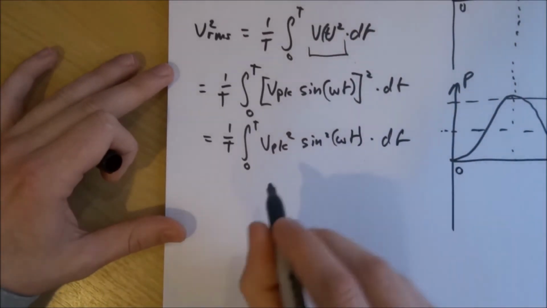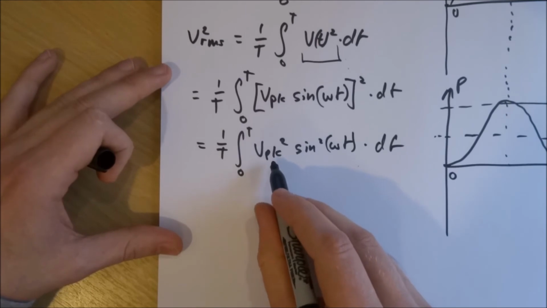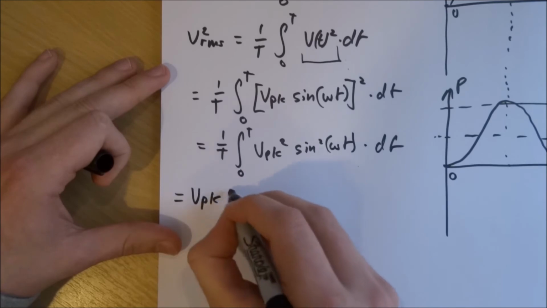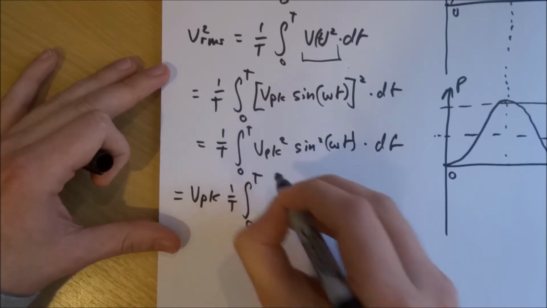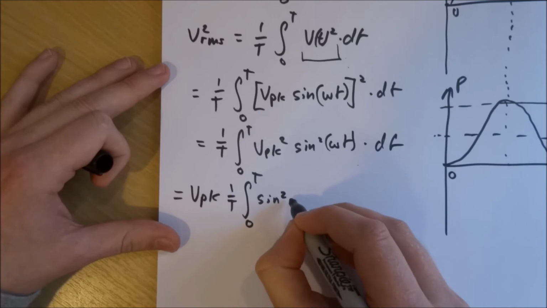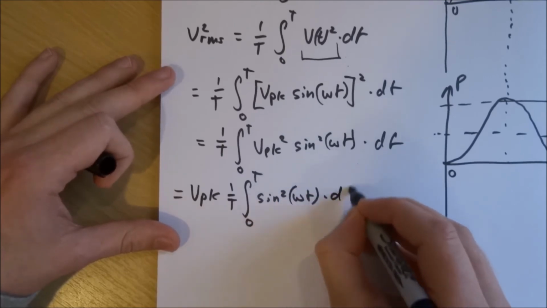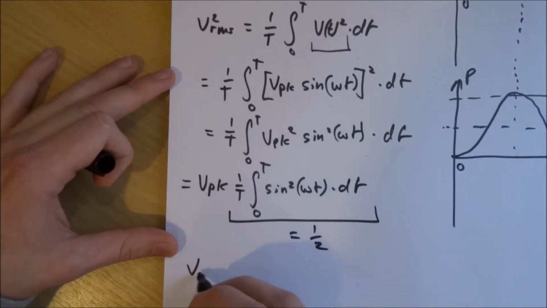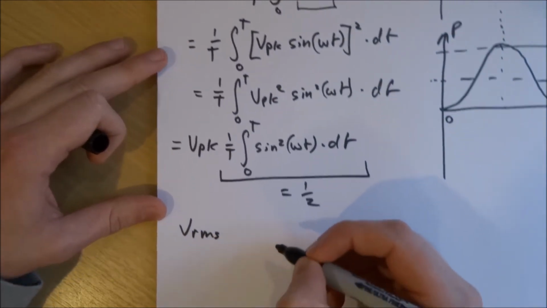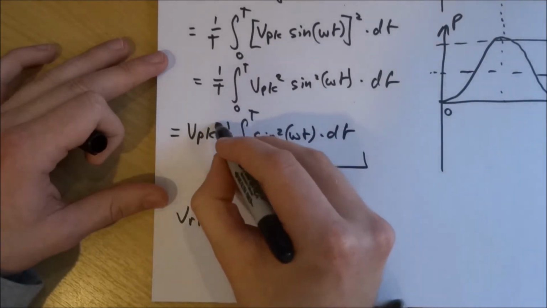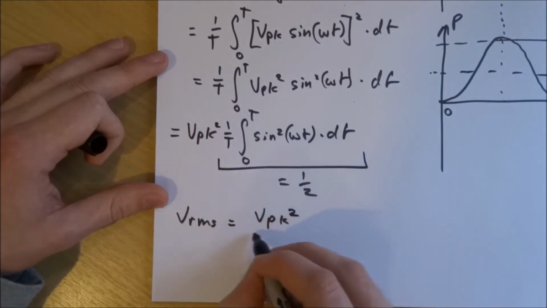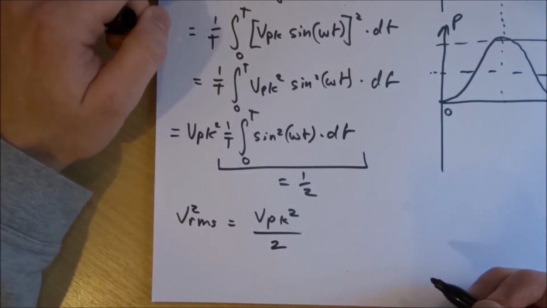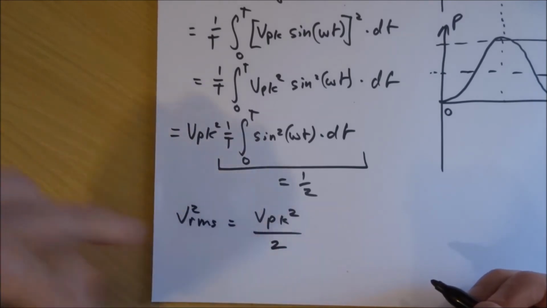So keep that in mind, because my V peak is not a time varying parameter, it's a constant, so I can take it outside. So I have my V peak squared, and then I multiply that by our averaging function, and of course all of this collapses to 1/2. So I can finally say that my RMS voltage squared is equal to V peak squared over 2.